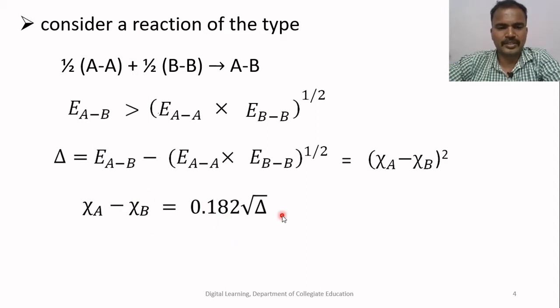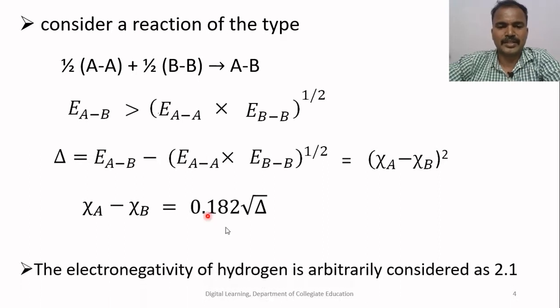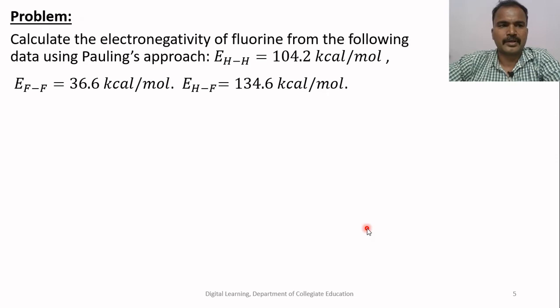This equation can be used to calculate the electronegativity of an atom by considering the electronegativity value of hydrogen as arbitrarily 2.1. Let me consider an example. Calculate the electronegativity of fluorine from the following data using Pauling's approach.